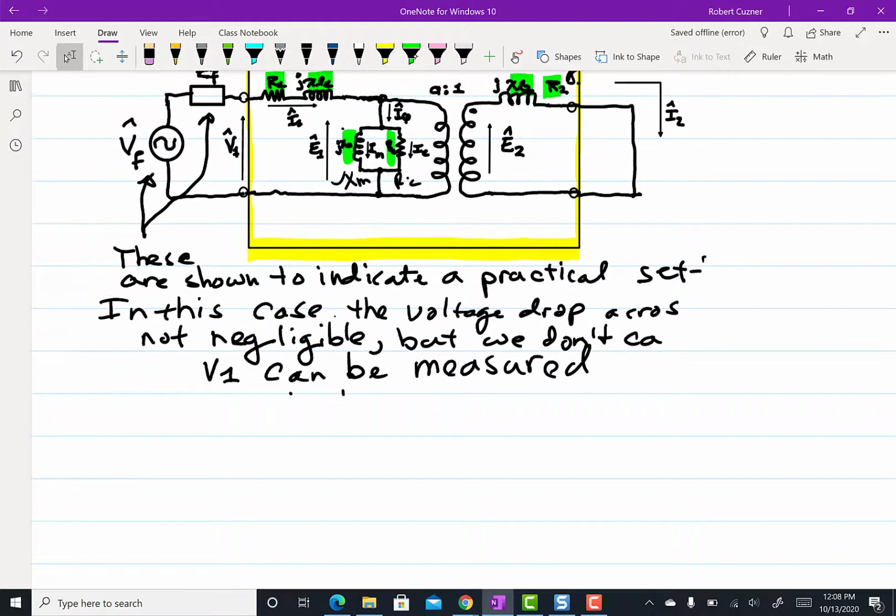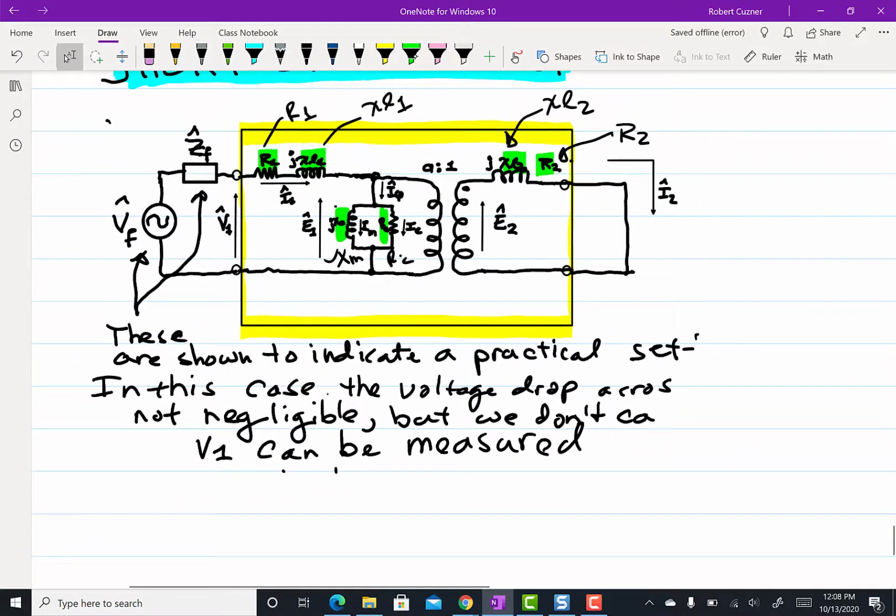Now we can perform a short circuit test as shown here. Inside of the yellow box, of course, is the transformer. I'm showing, as I did before, that we're feeding this from some kind of a source. Again, it's probably a variable source. There's probably some impedance upstream of the transformer.